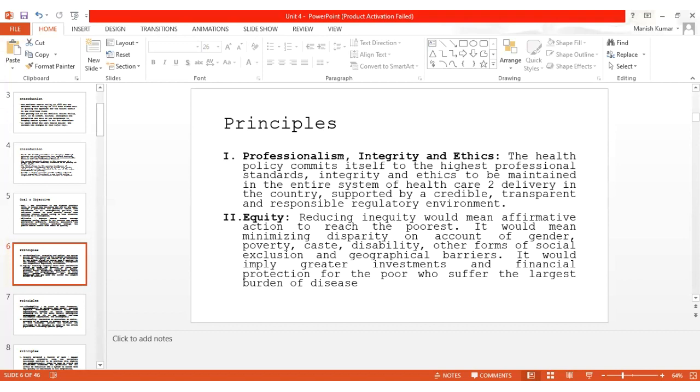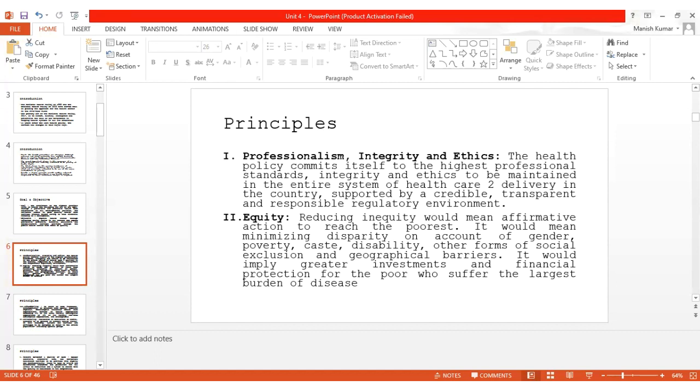And it will minimize disparity on account of gender, poverty, caste, and disability. What this principle means is that any health facility across India will not provide biased services, biased in terms of caste, creed, color, religion, or disability. So everyone will be taken care of equally, and these facilities should be inclusive.